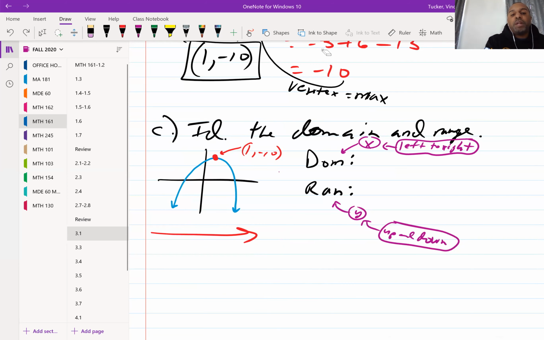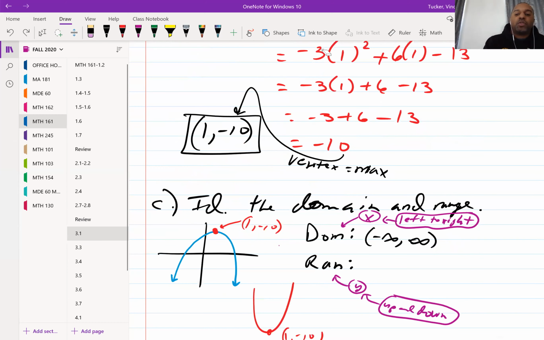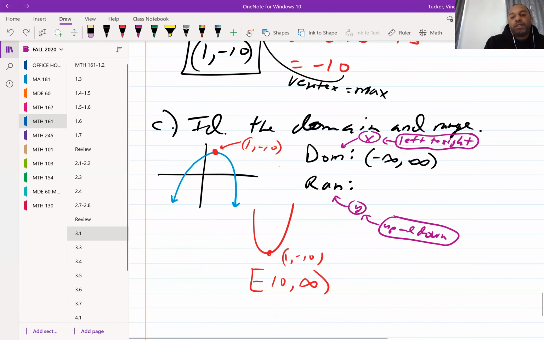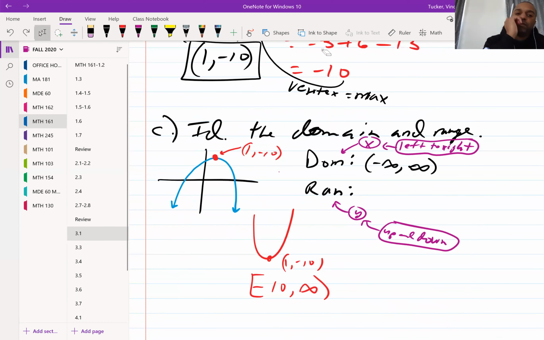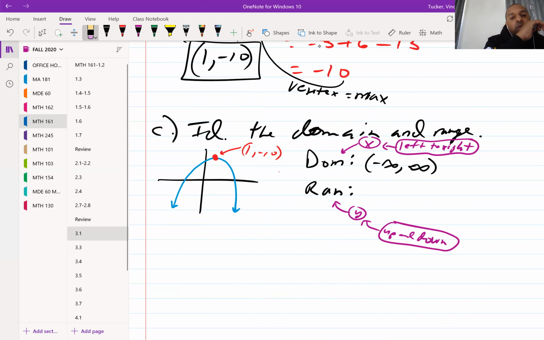That means our domain is going to be negative infinity to positive infinity. That will always be the case for your parabola. And remember, those are x values that you can plug in. There's no x value that you cannot plug in for the domain.